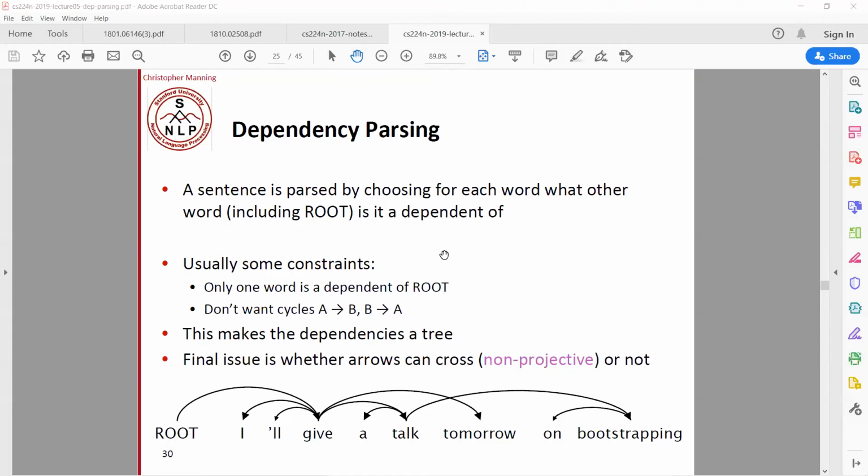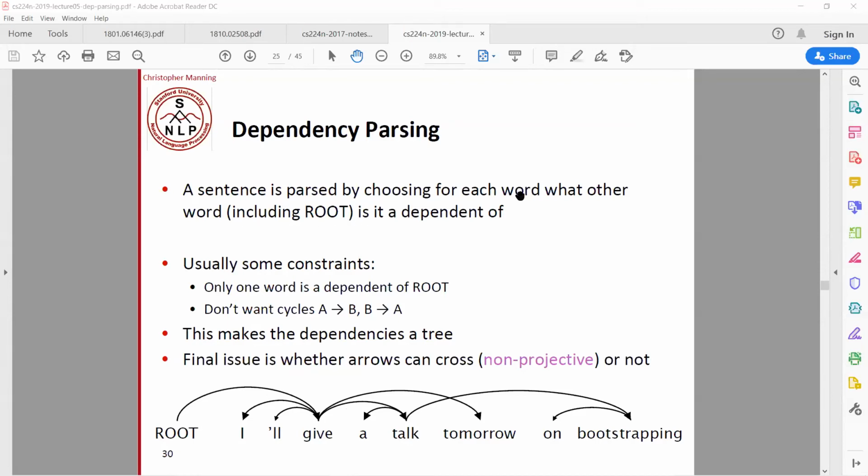Yeah, so let's see. So, okay, here's another dependency tree. Now, here's where they put the root in front, and the root points directly to the verb, which is at the head. And then here are all the dependents from the verb. So this is a tree.